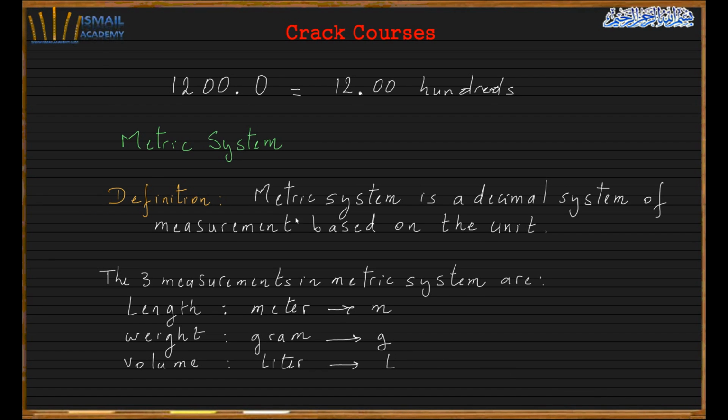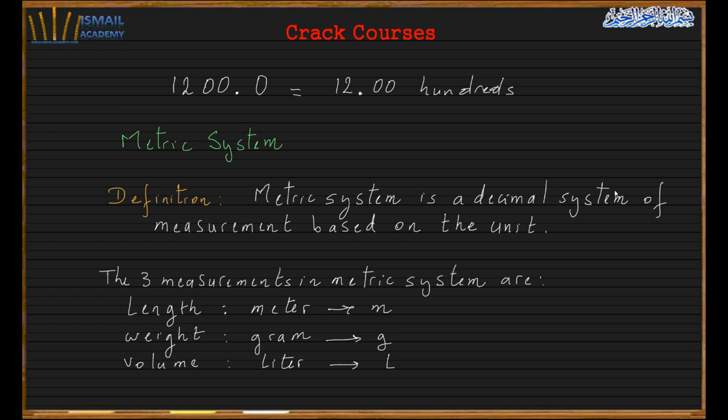Now if you notice in the definition, the metric system is a decimal system. So what does it mean? That means the metric system behaves the same way as a decimal system.